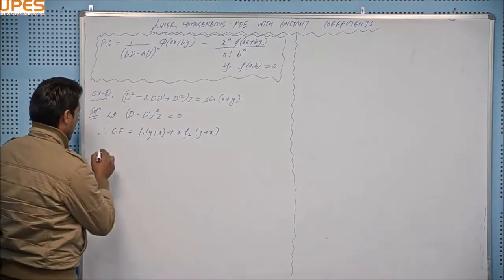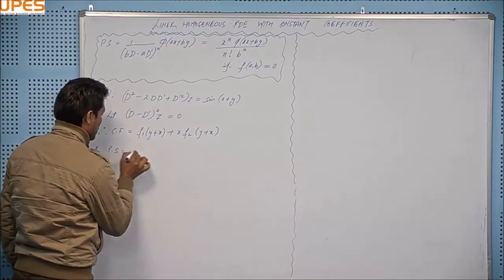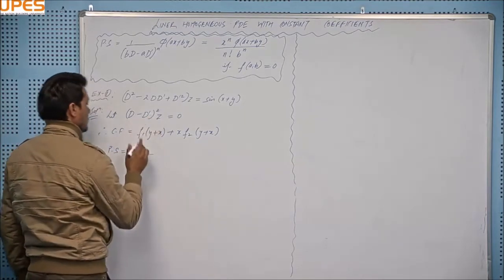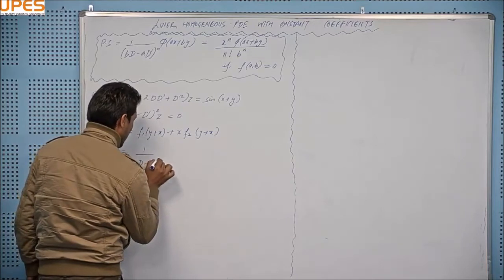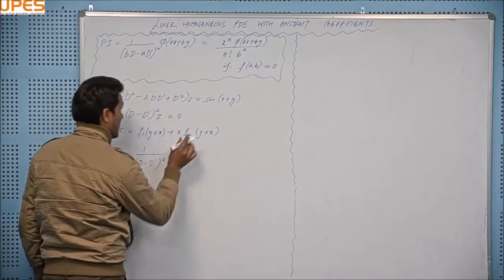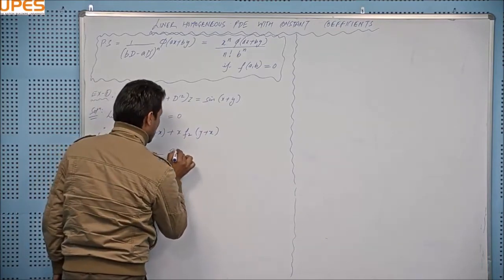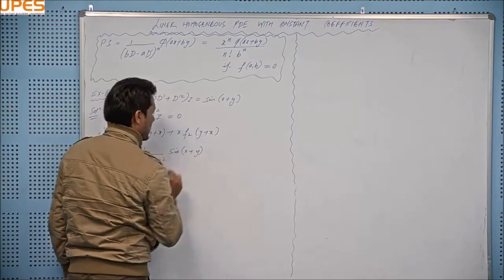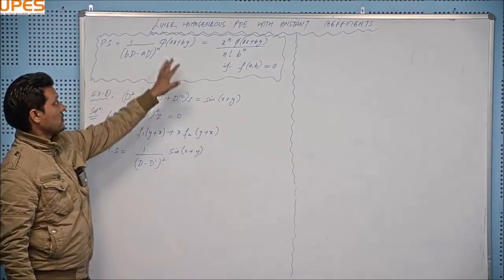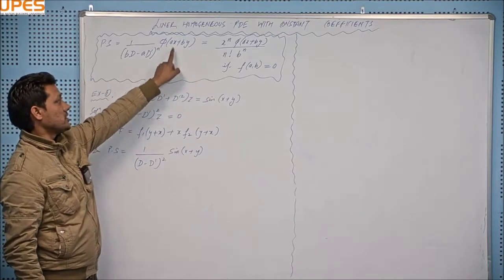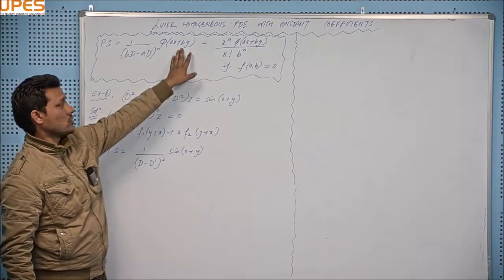And the particular solution is equal to 1 upon (D - D') whole squared, and here we have sin(x + y). Now sin(x + y) is of the form phi(ax + by), where a is equal to 1 and b is equal to 1.